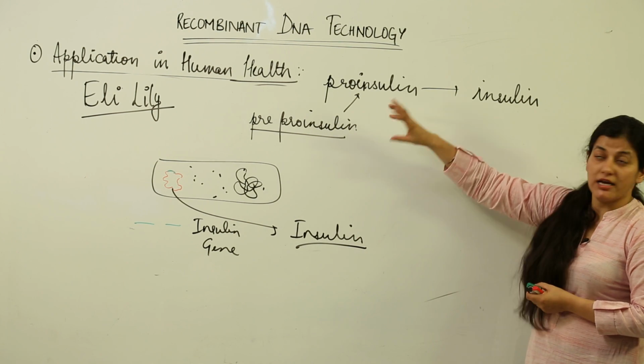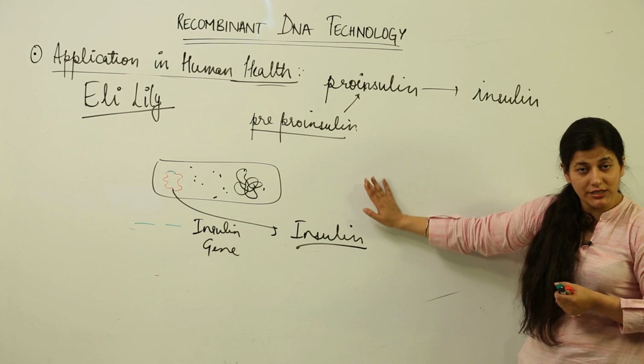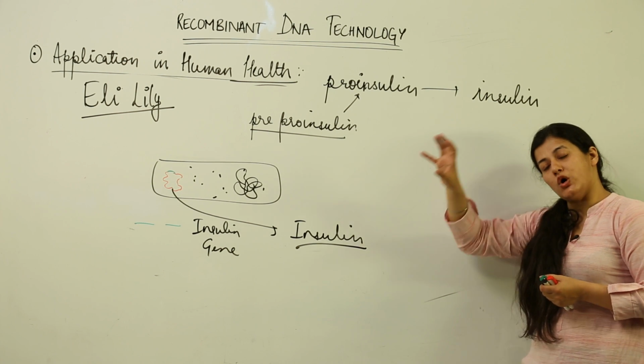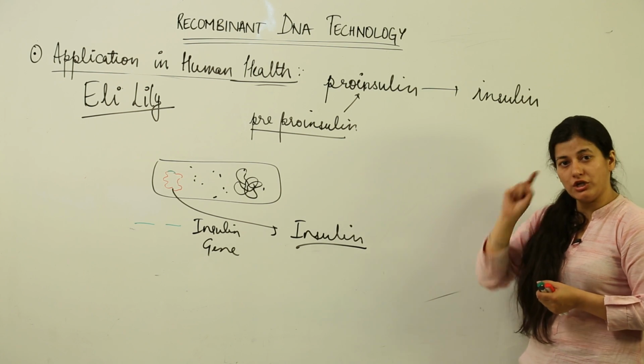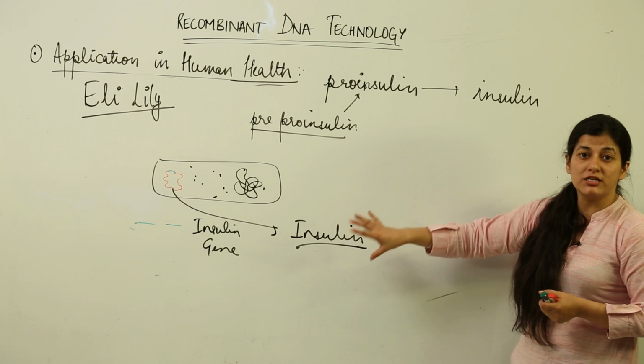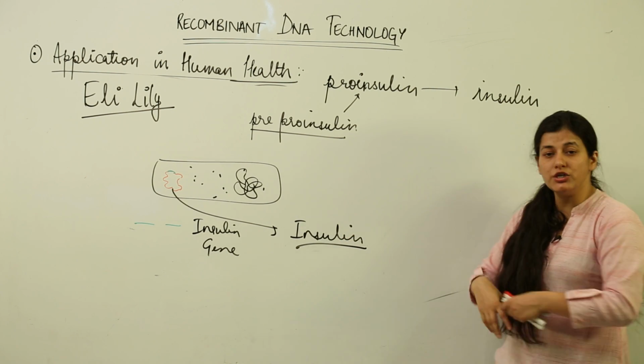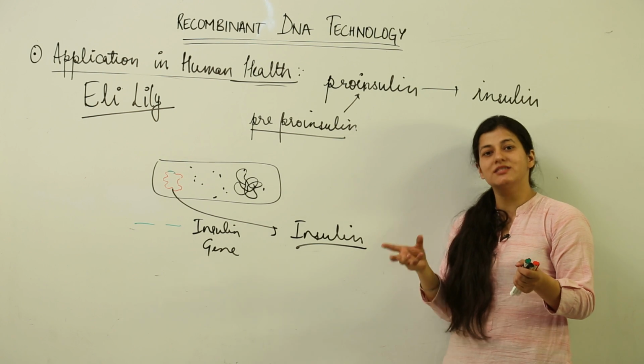So, you get an idea, this is another important human health application of rDNA technology, where the principles of recombinant DNA technology are used to produce a biomedical product that can be utilized for covering a disease which has a huge coverage in human population, and that is diabetes.